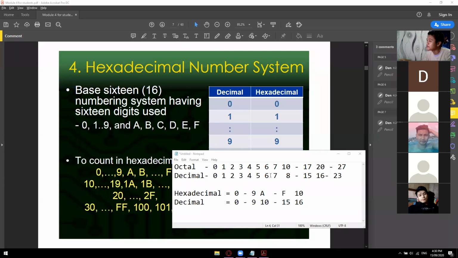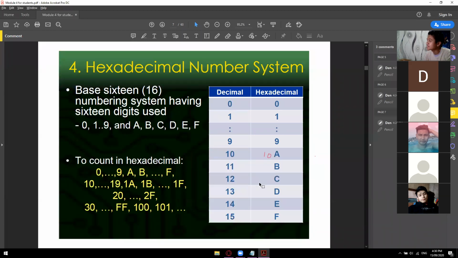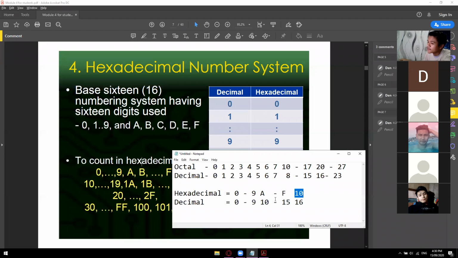So medyo magulo, no? Sabi ko kanina, bakit, di ba dapat 1 bit lang? Meron kasing instances na kapag nakaset na yung computer na ang conversion ng value natin from this system to that system is hexadecimal, malalaman niya na itong 10 na to is 16. Okay?